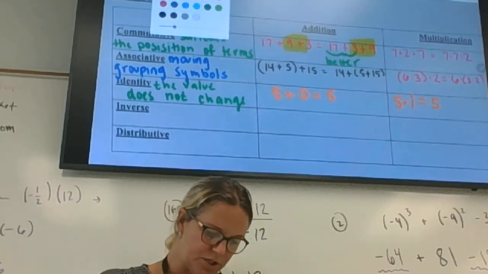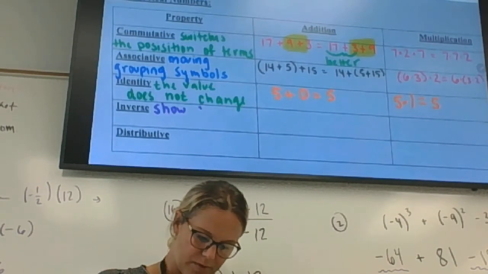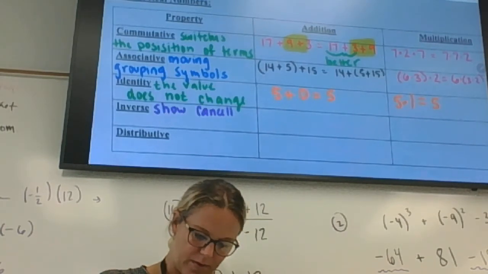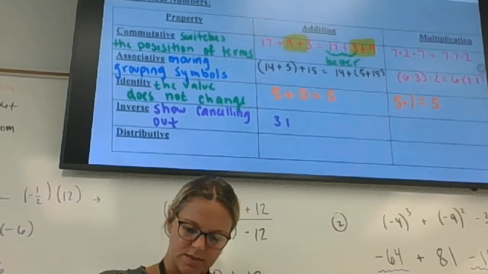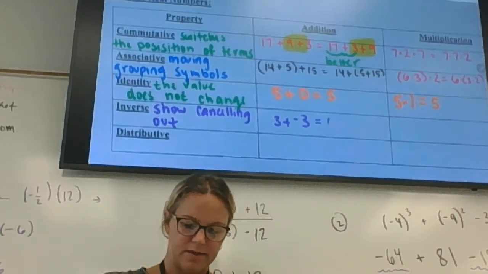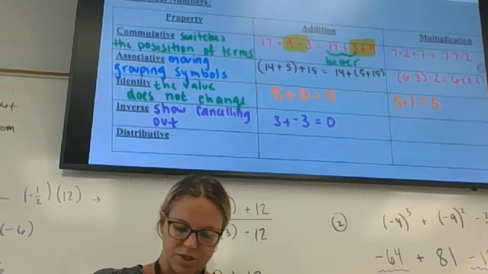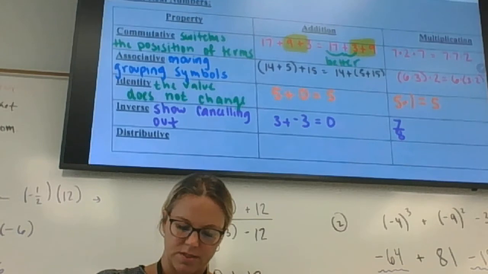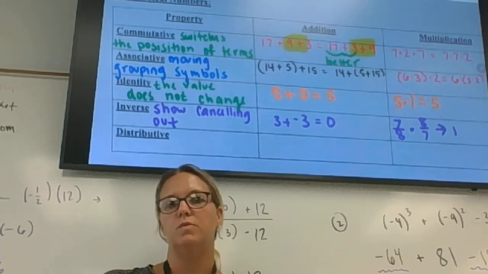Inverse properties show canceling out. Something such as 3 plus a negative 3 cancels, gone. In fractions, it's like reciprocals. If you multiply the reciprocal, you cancel to be 1.